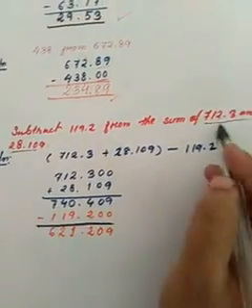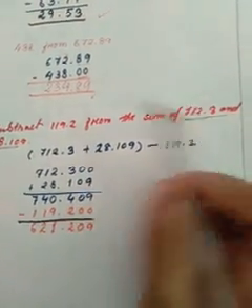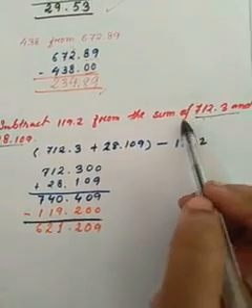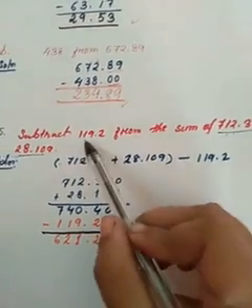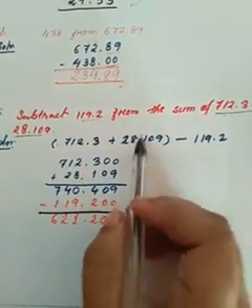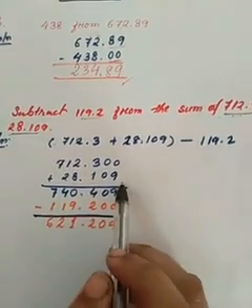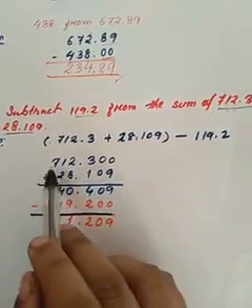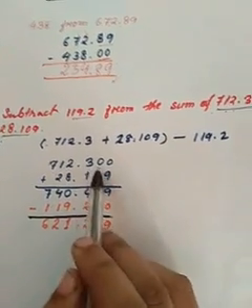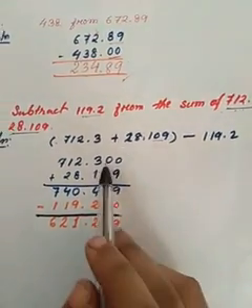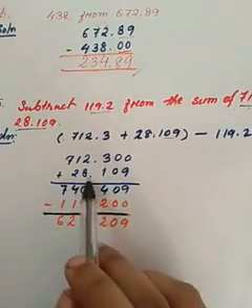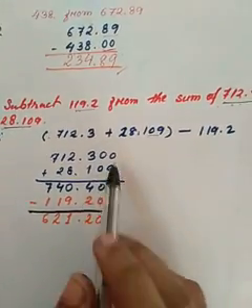So we have to add these two at first, then subtract this number from the sum. So we'll do it at first, arranging in columns: 712.3, we will make the decimal places 300, then 28.109. So now we can add it.